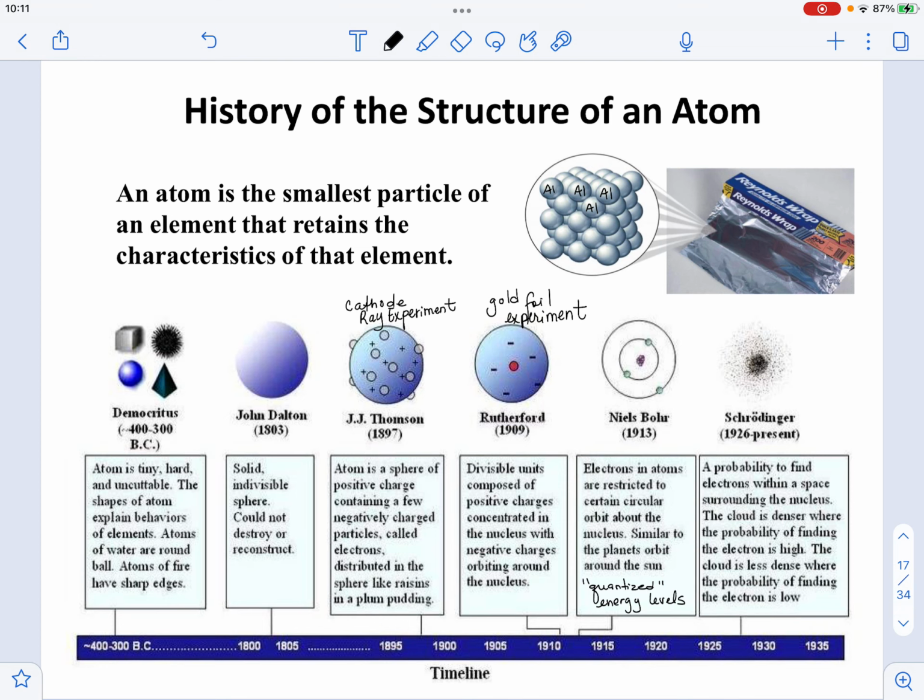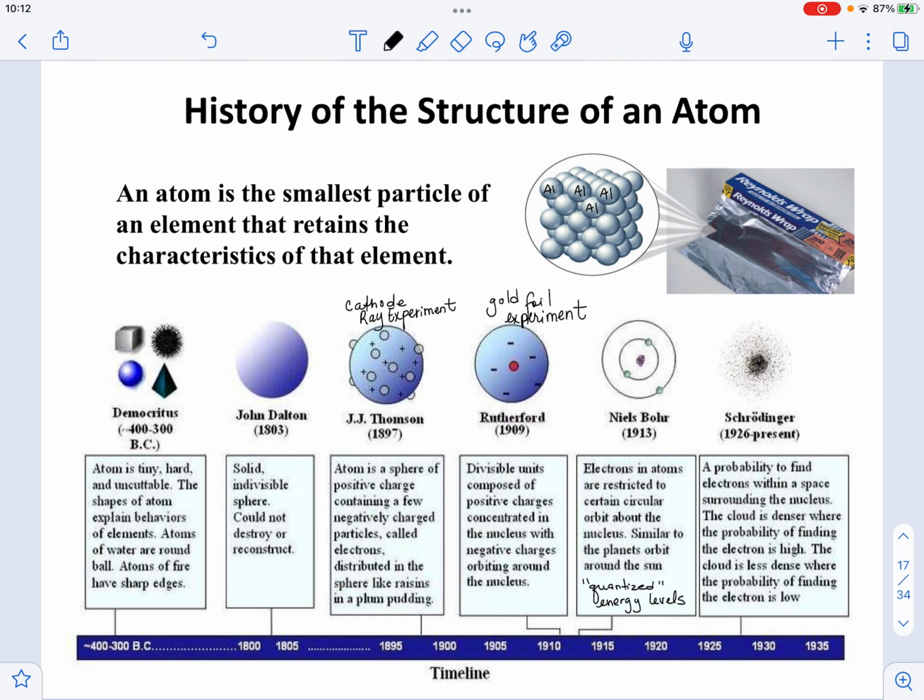So he actually designed mathematical equations to propose where the electrons will be located in an atom. And as you can see, he discovered with his experiments with hydrogen that electrons in atoms are restricted to certain circular orbits, because in his model the electron that lives in hydrogen circles the nucleus similar to how planets circle the sun, and he called those orbits.